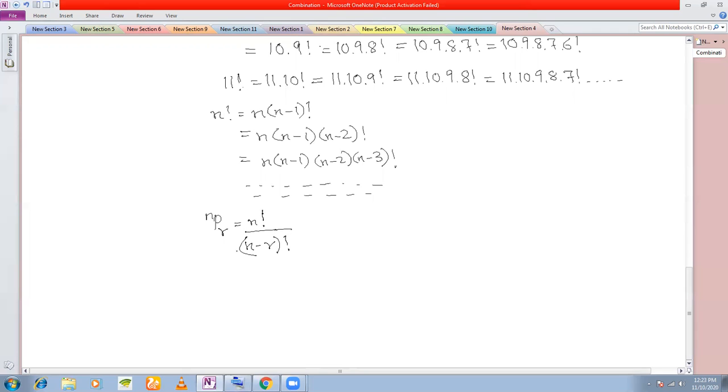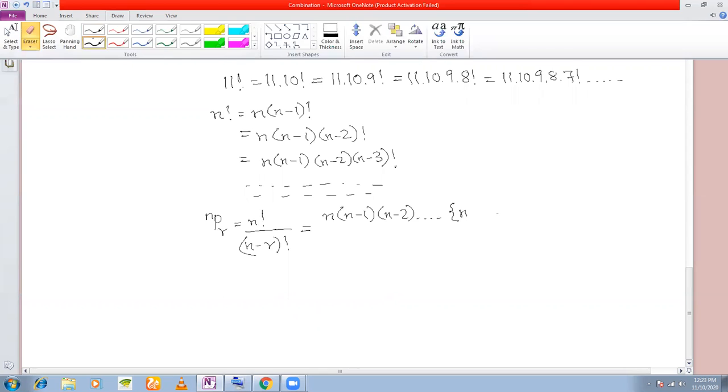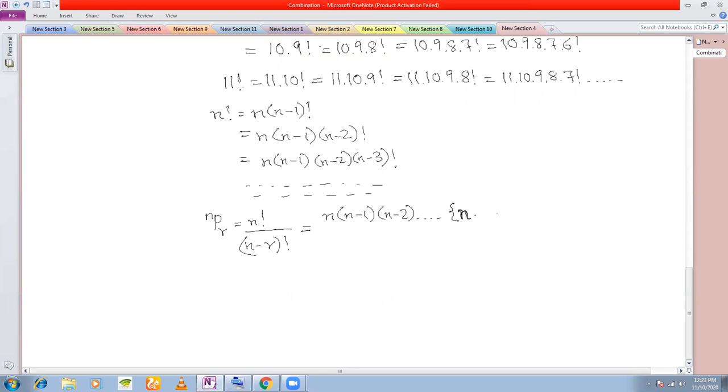Okay, so now this you can write, using the above property, as n into n minus 1 into n minus 2 and continue till n minus r minus 1 into n minus r factorial, divided by n minus r factorial.